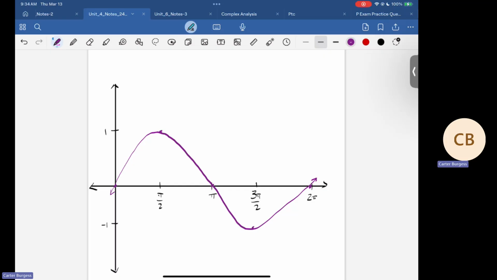What is going to happen when I am taking the reciprocal of this particular function? So what's going to happen to my zeros? What are they going to turn into? What happens now when my sine function is 0? What happens when my denominator is 0? What do we get?